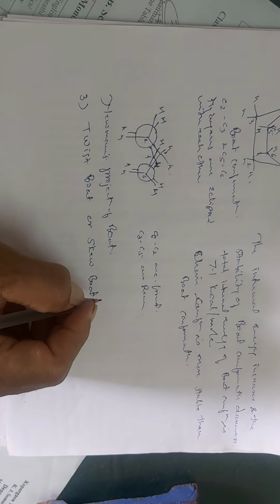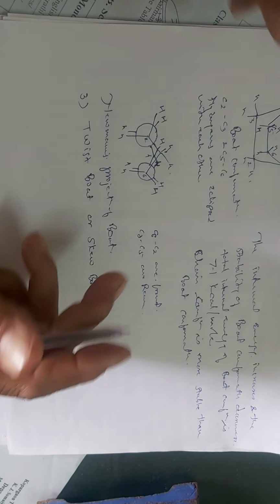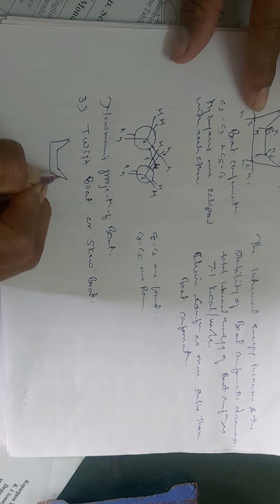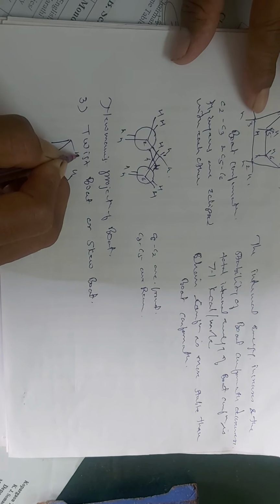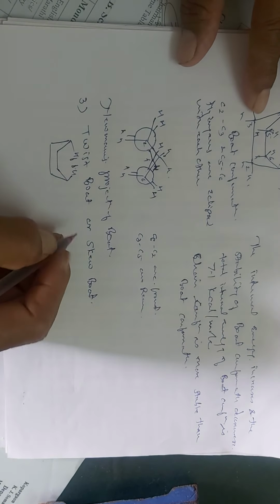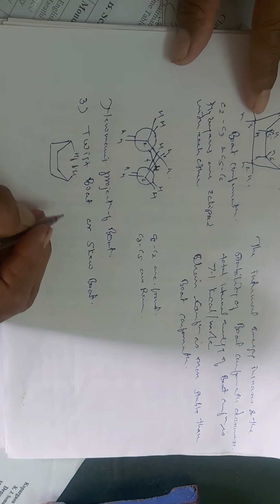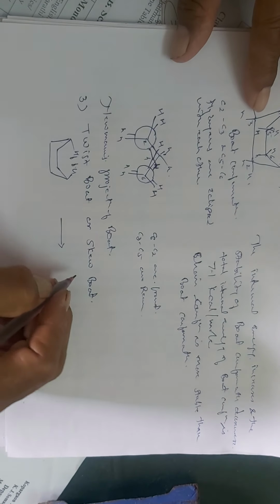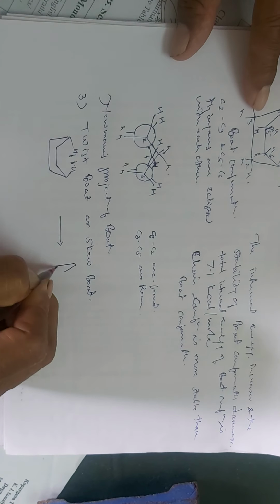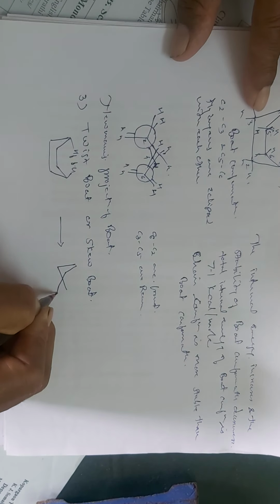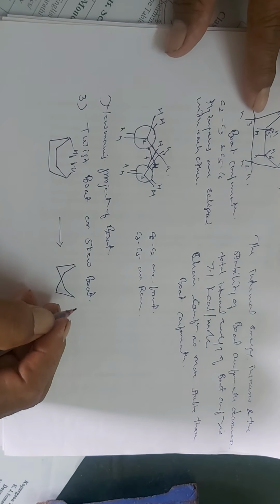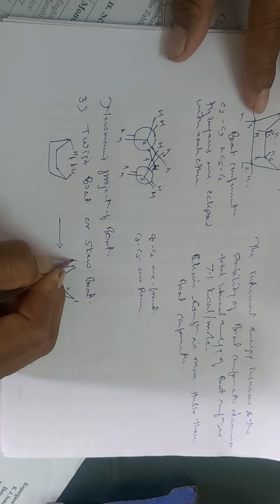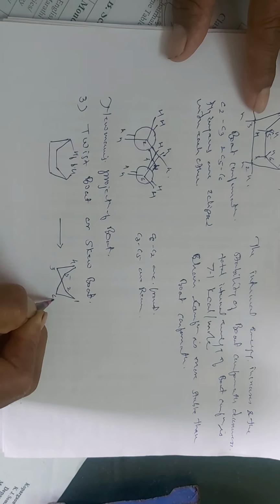It means if you just twist the boat, this is your boat conformation, and here these are the flagpole hydrogen atoms, and here if you just twist, now twisting of the boat means in this way. So here 1, 2, 3, 4, 5, and this is 6.